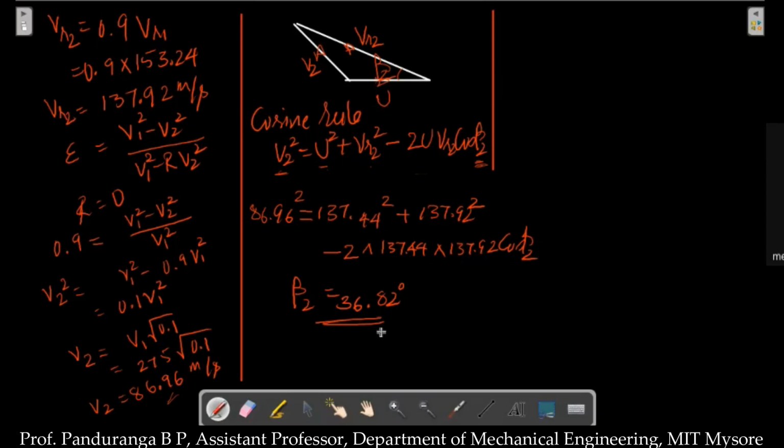So this is the value of beta 2. Beta 1 was 37.86. Beta 2 is 36.82 degrees.